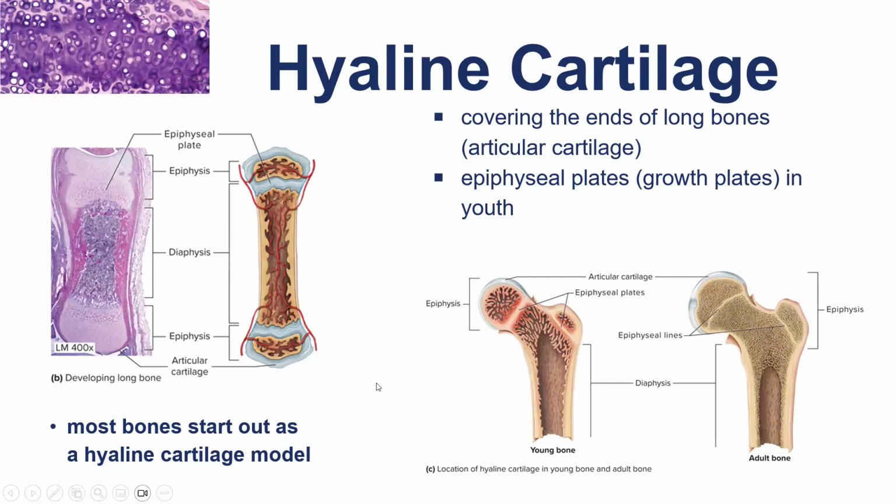We'll also talk about the two different ways that we, in a sense, make bone in the body. Most of our bones start off originally as a cartilage model. So the cartilage has a framework that looks like the bone, and then we start replacing cartilage with bone.